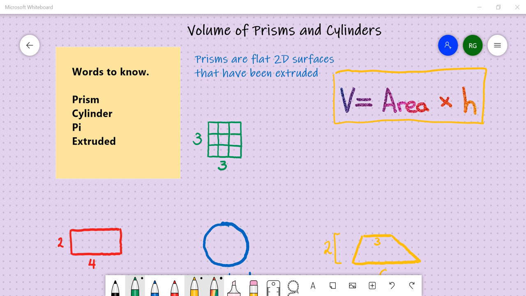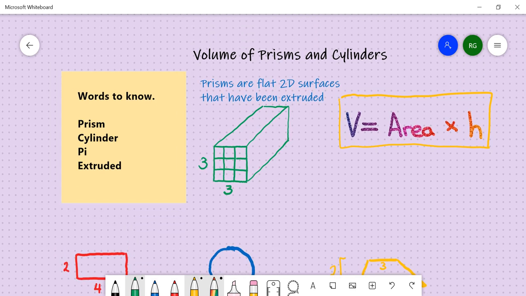Now, if I was to extrude that shape, what I mean by that is turning it into a 3D object, something similar to that. By extruding this shape, I've now made it 3D. So if we assume that this is, let's say, 7 centimeters, then that means I can fit 7.